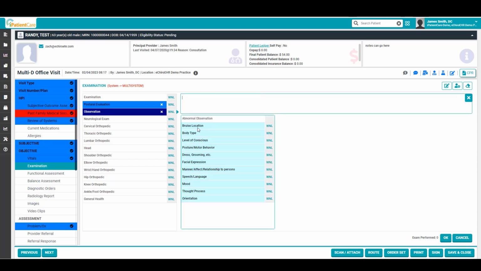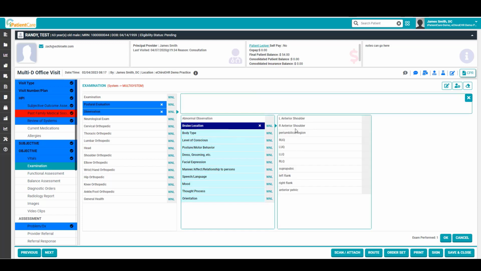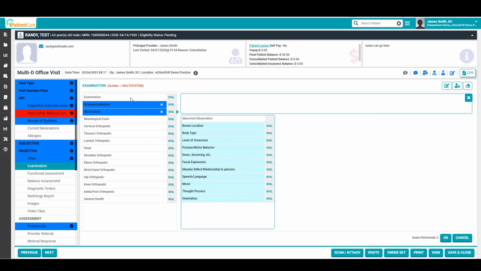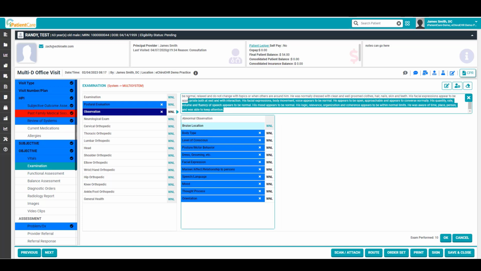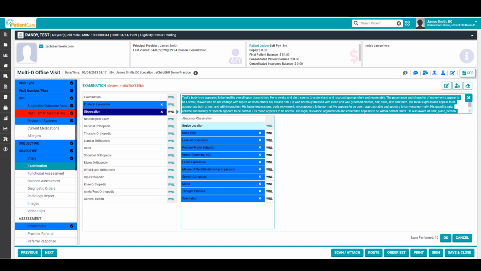Moving into observation, you can identify bruise locations. Maybe in this case, since it's the motor vehicle accident, right shoulder region, maybe in the right flank. If any section or macro element is within normal limits, you can simply denote that by selecting within normal limits, and it will bring in all of the normal limit verbiage into the note.